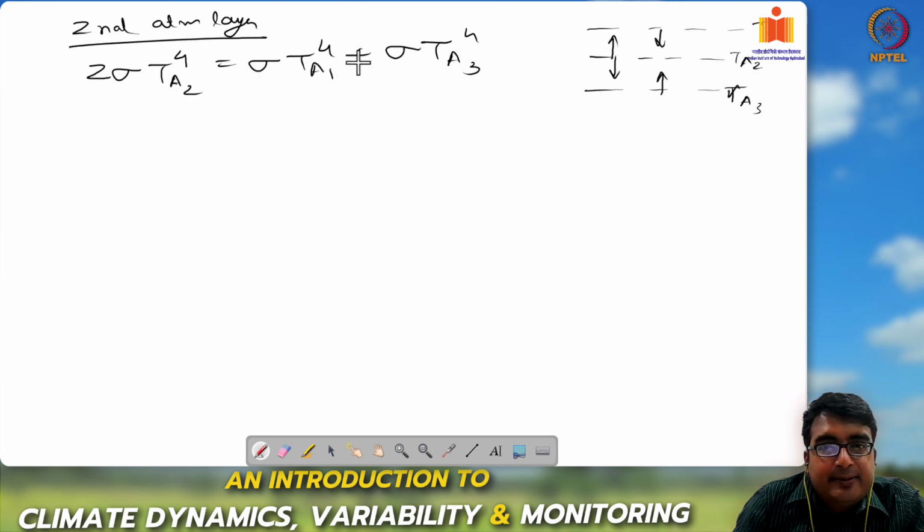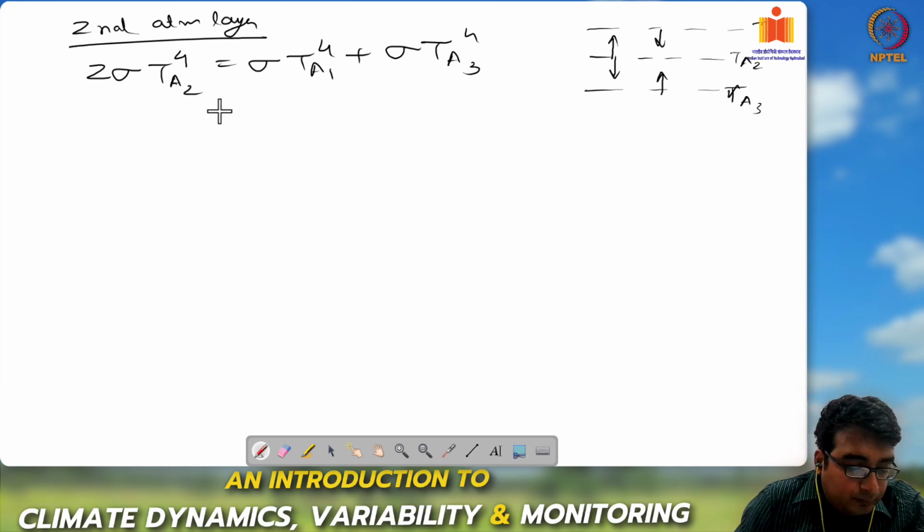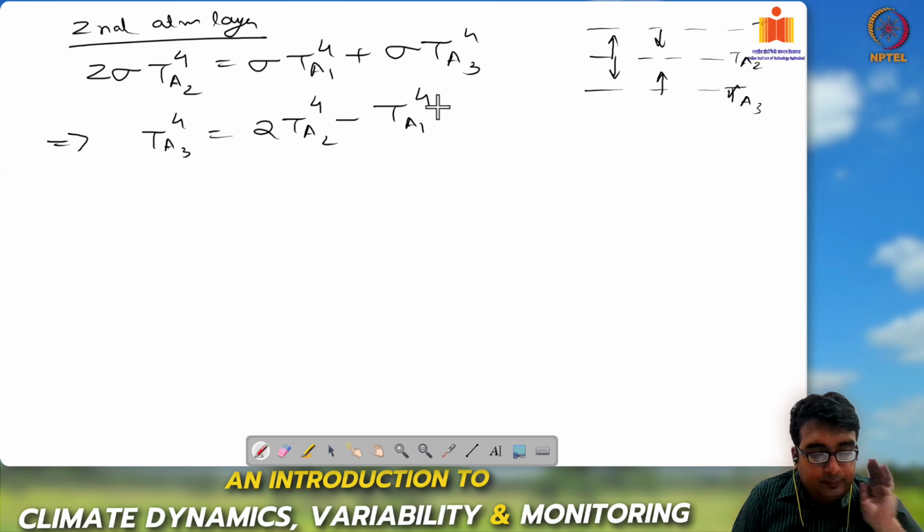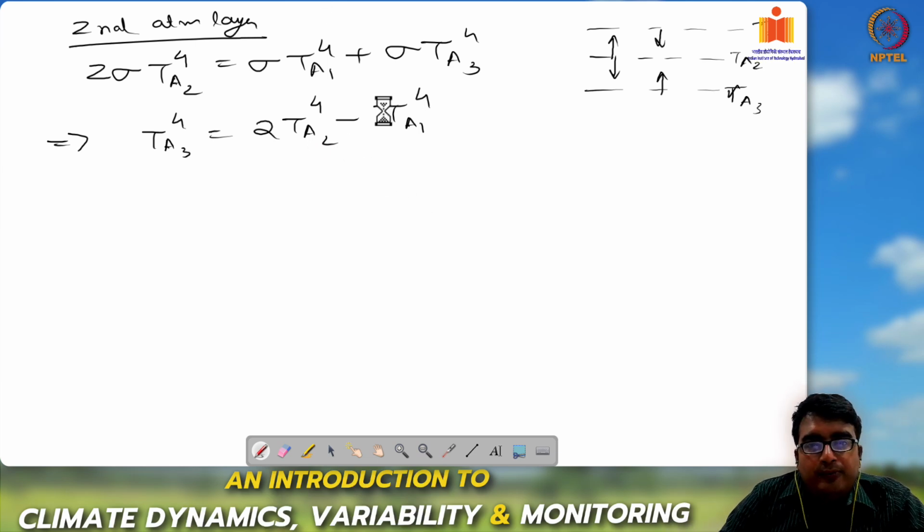So in this case, if you eliminate sigma, this implies Ta3 to the power 4 equals twice Ta2 to the power 4 minus Ta1 to the power 4.